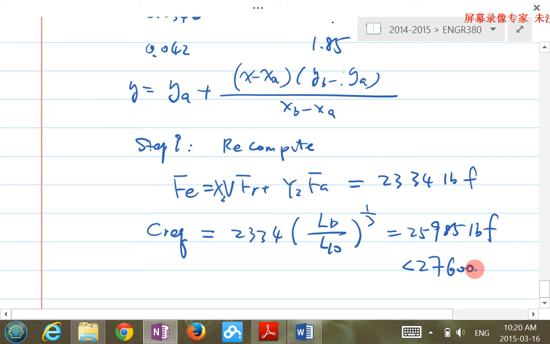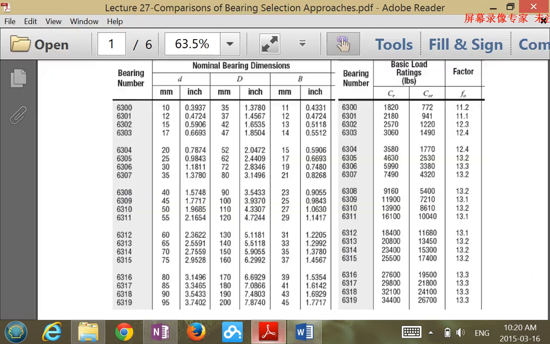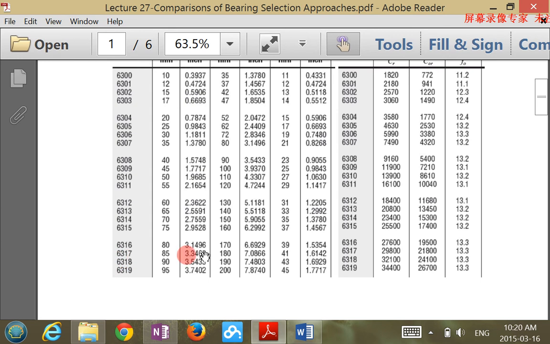But if this number you calculate is greater than 27,600, then instead of 6316, you go up one notch and redo these steps again. That make sense? Usually it doesn't take you more than maybe 2 or 3 steps. You should converge.